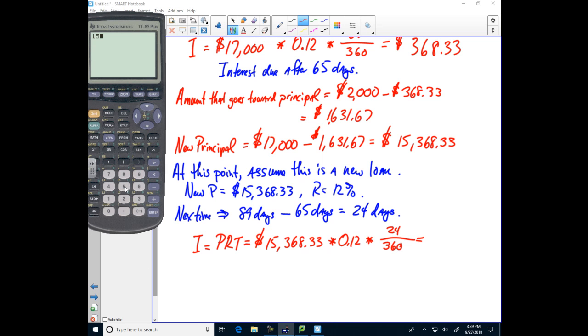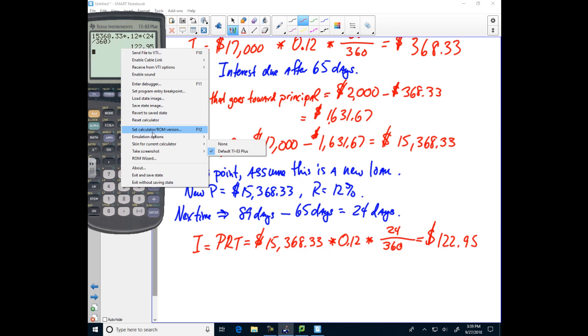Calculator. Times the quantity 24 divided by 360. So I got $122.95 as the interest on this next little block of time.